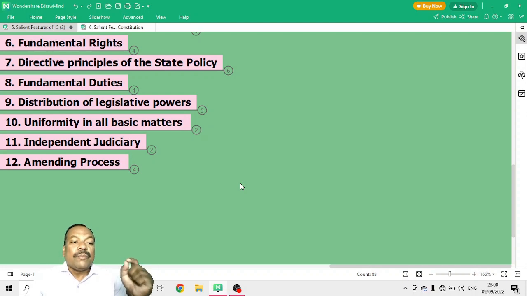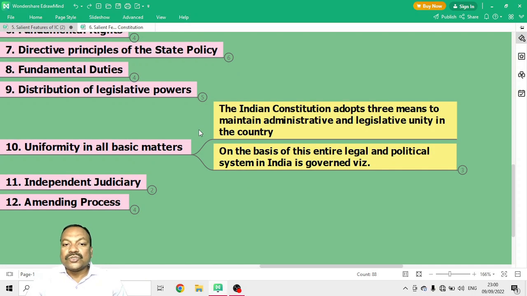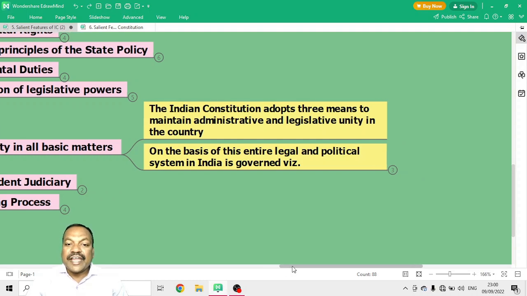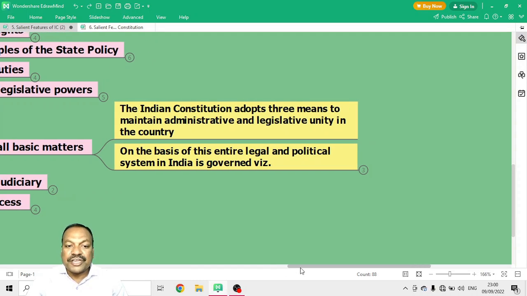Now, the next characteristic is concerned with uniformity in all basic matters. So, we'll see here 2-3 points related to it. The Indian Constitution adopts three means to maintain administrative and legislative unity in the country. On the basis of the entire legal and political system in India, it is visibly governed in three ways.